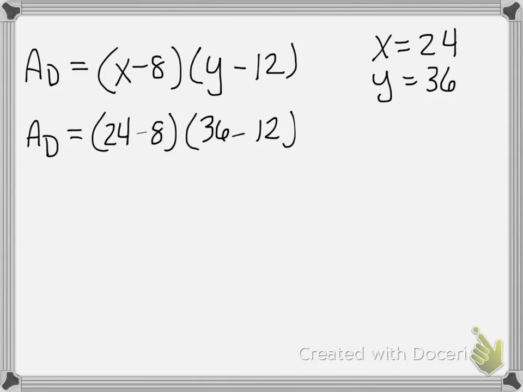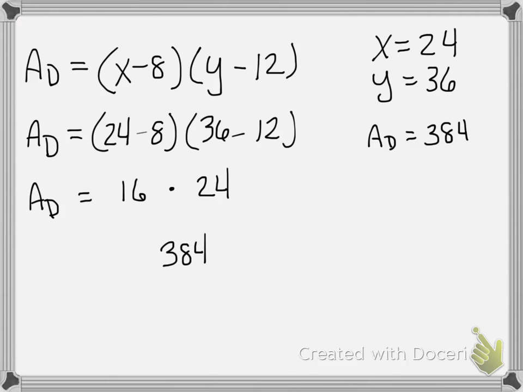So that would give us area of our design being equal to 16 times 24, and whenever you multiply those together you get 384, and we were given that the area of our design was a fixed 384 centimeters squared, and the values that we found were in units of centimeters. Should have carried that out, but so anyway, that checks out.